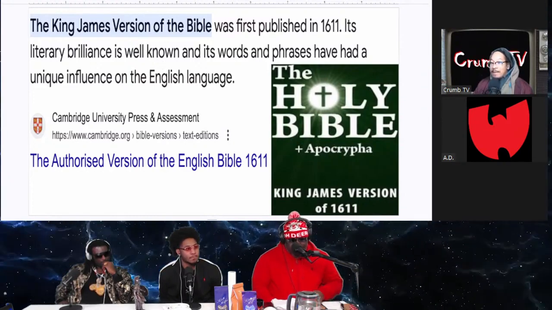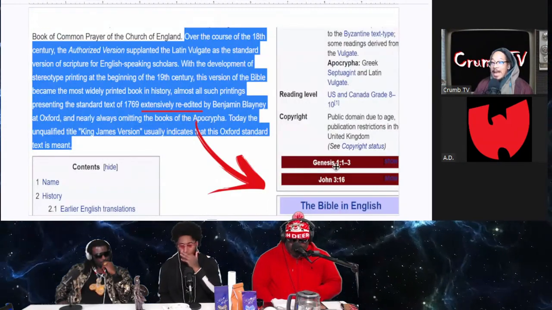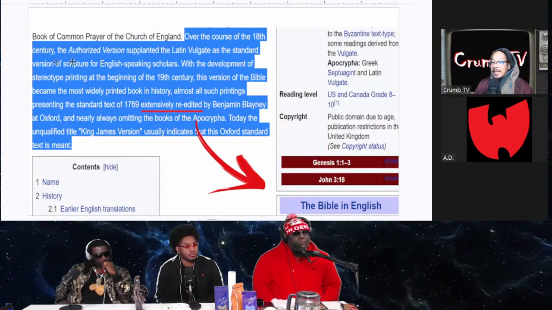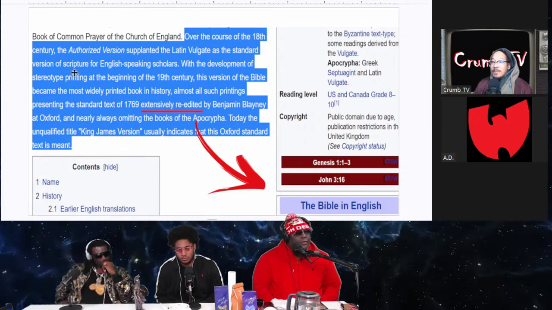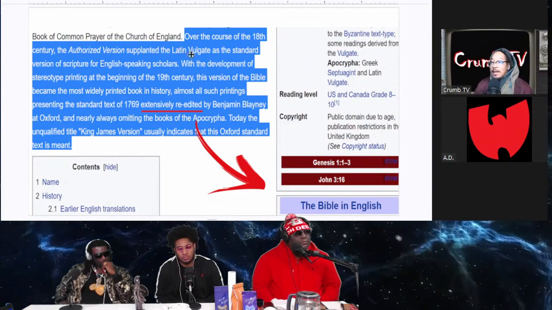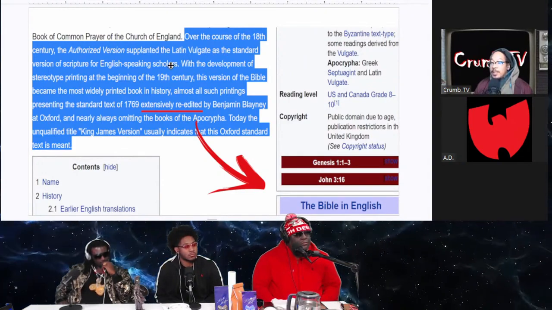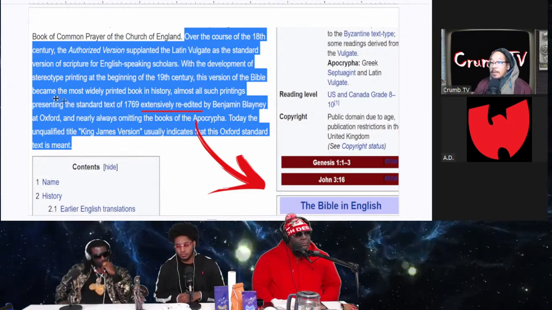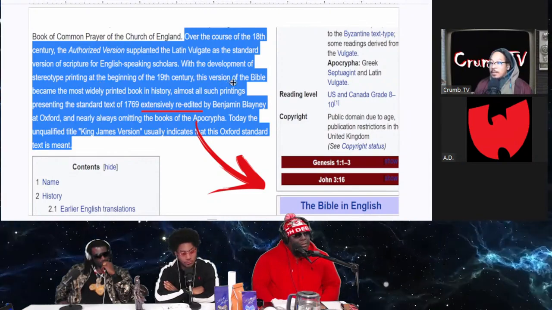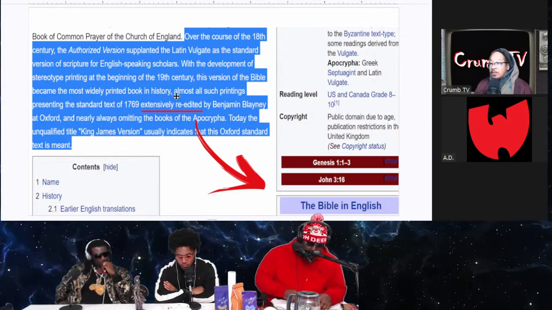But the Bible that we have now is extensively re-edited. This is according to general information. It says, over the course of the 18th century, the authorized version supplanted the Latin Vulgate as the standard version of Scripture for English-speaking scholars. With the development of stereotype printing at the beginning of the 19th century, this version of the Bible became the most widely printed book in history.